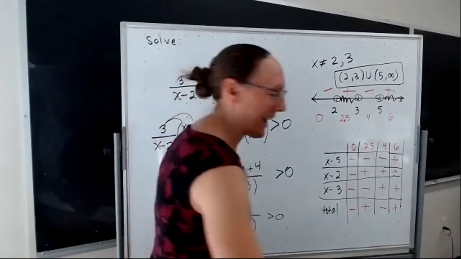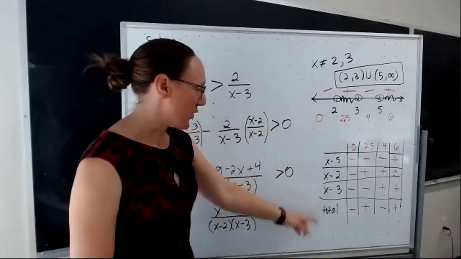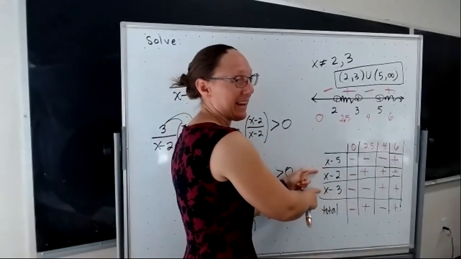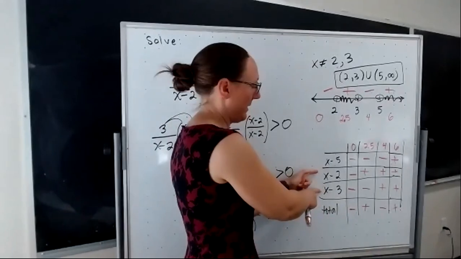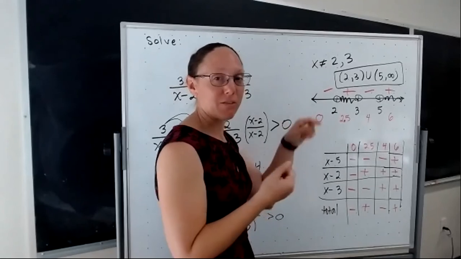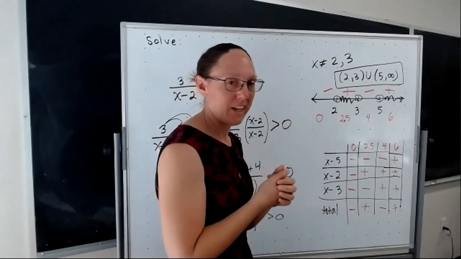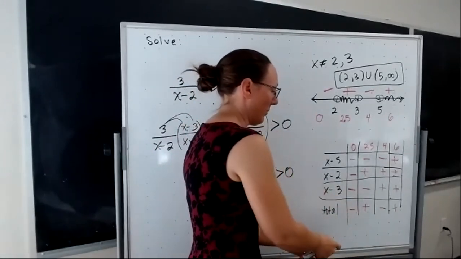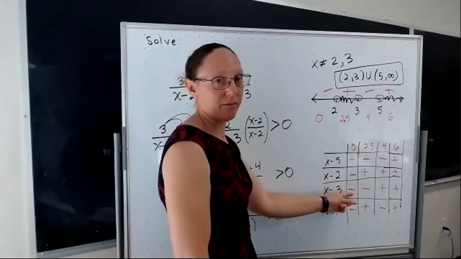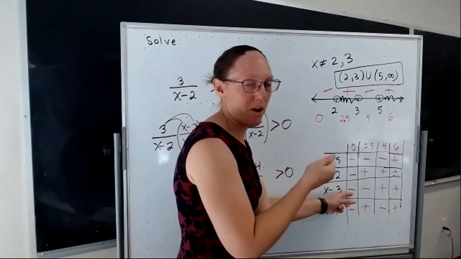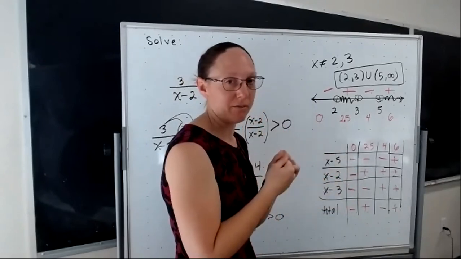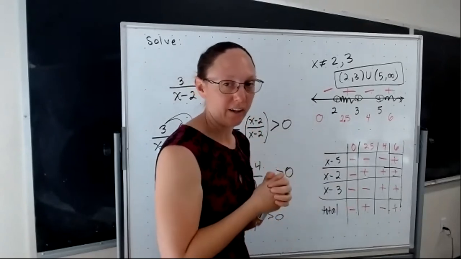Because this total row is coming from doing the x minus 2 times x minus 3 term, and that's what's in the denominator, and then my x minus 5 is in the numerator. So that total row I've got here, that'd be a negative times a negative, which would give me a positive on the bottom. But then a negative over a positive would turn it back into a negative.